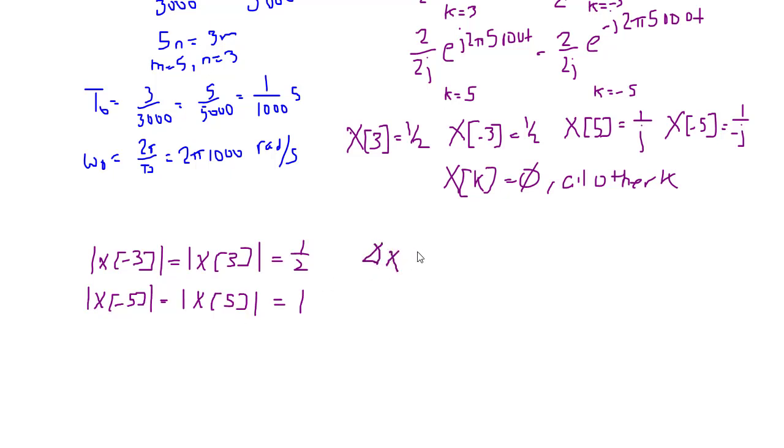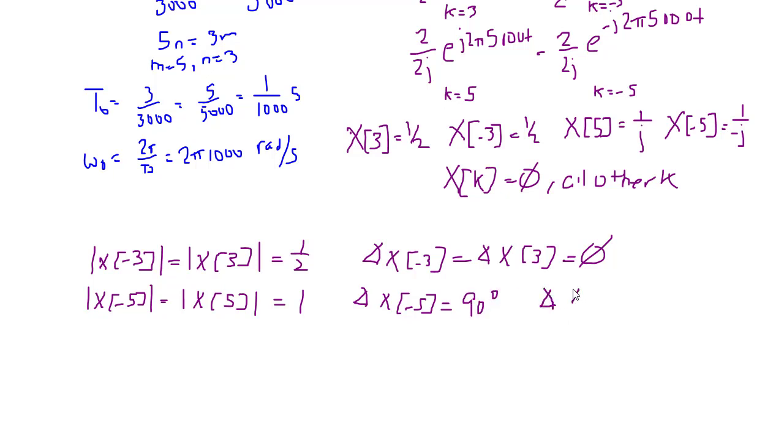The angle for x(negative 3) equals the angle for x(3), which equals 0. However, the angle for x(negative 5) is the angle of 1 over negative j, which is 90 degrees. And the angle for x(5) would be the angle of 1 over j, which is negative 90 degrees.